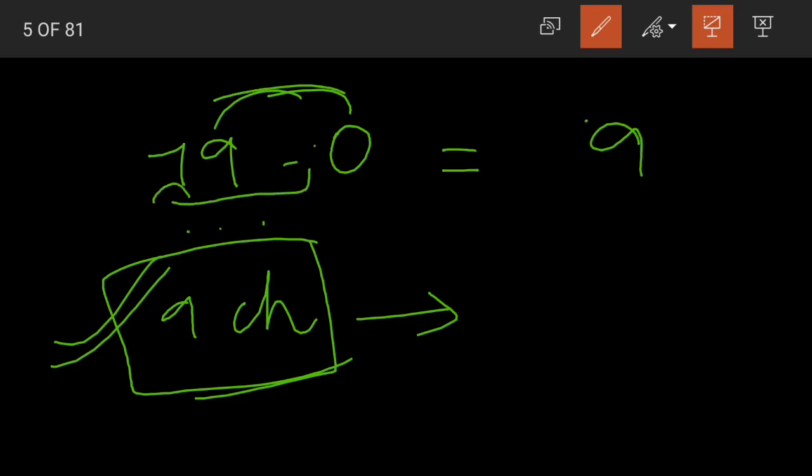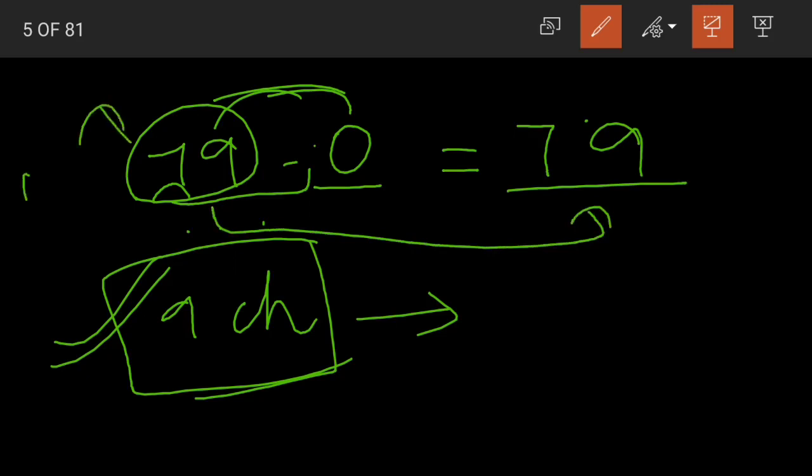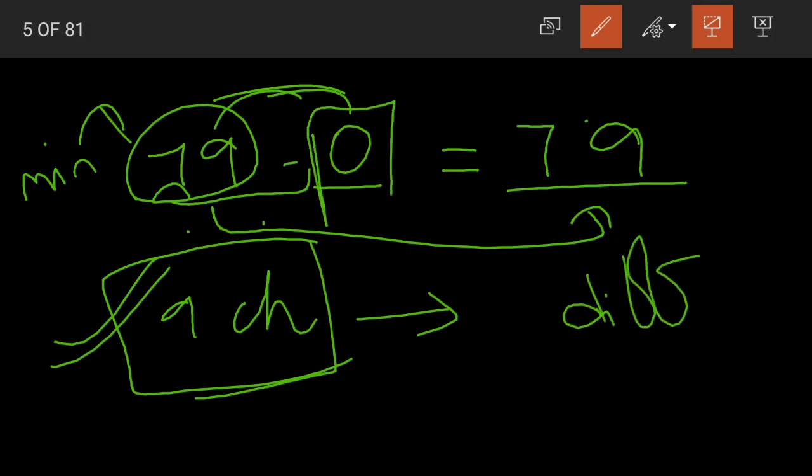Here there is nothing to subtract in the tens place, so 7 as it is. What did we get? 79 minus 0 equals 79 only. The number is the same, right? The minuend here is our difference. So what do we understand from this? Whenever we subtract 0 from a given number, the answer will be the number itself.